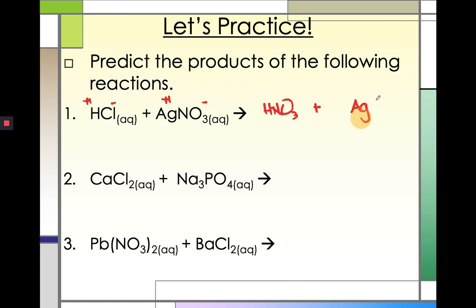Now take note, chlorides are usually soluble except for those with mercury and silver. So this one is an insoluble compound. So we say that this is a precipitate, or we denote the compound to be in a solid form. And the other compound is still aqueous.